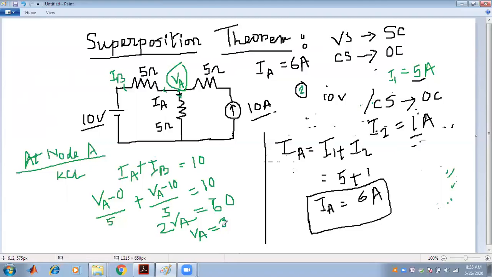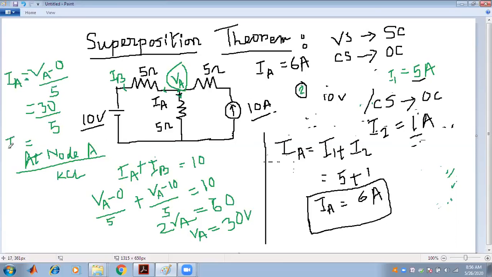So if VA is equal to 30 volt, you can easily find the value of IA. IA is (VA minus 0) by 5, where 0 is the ground potential. So 30 by 5, that is 6 ampere.